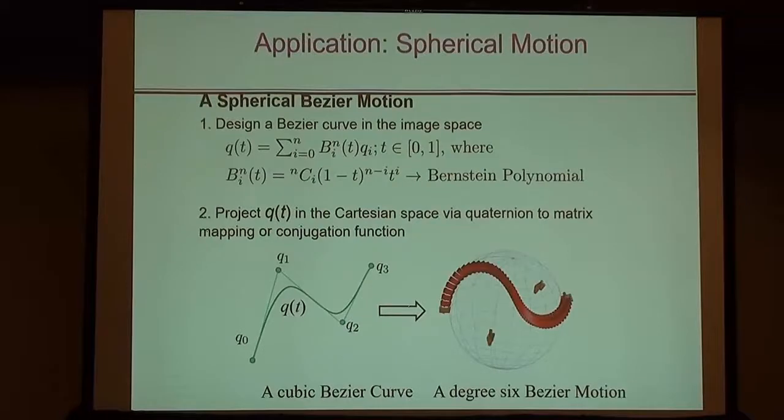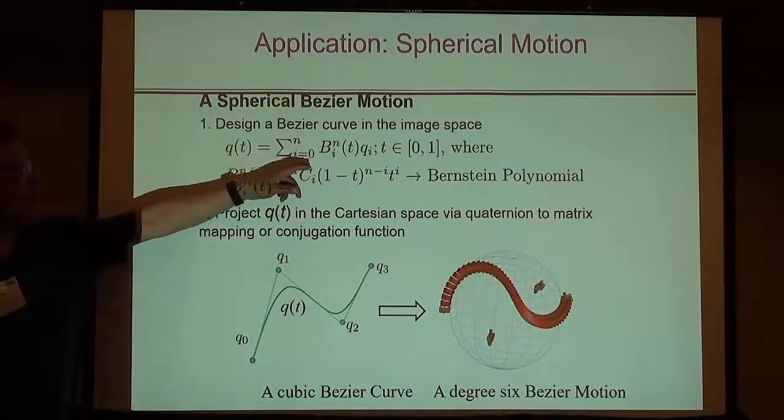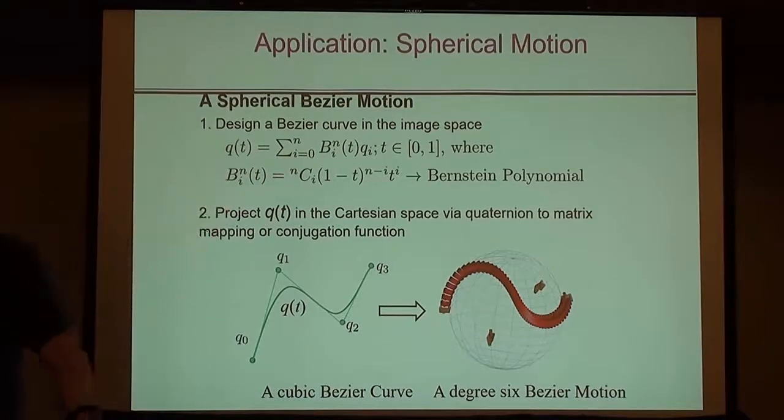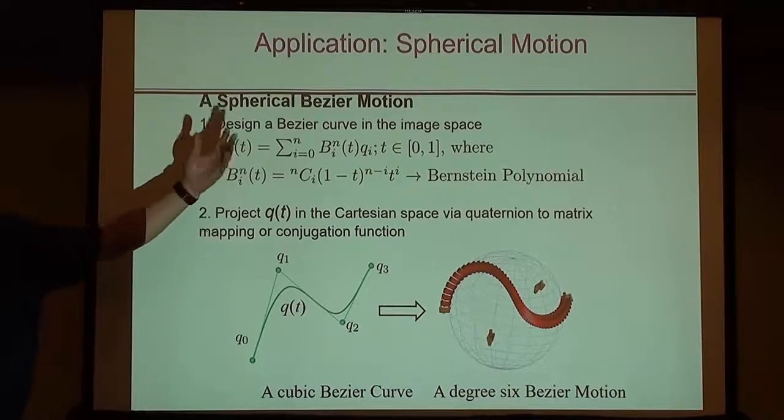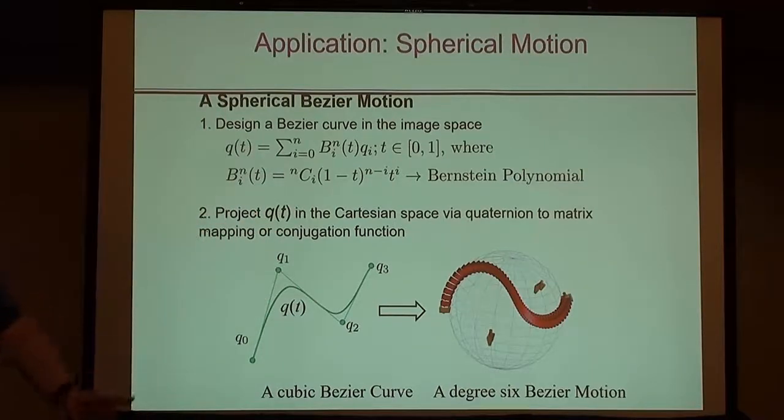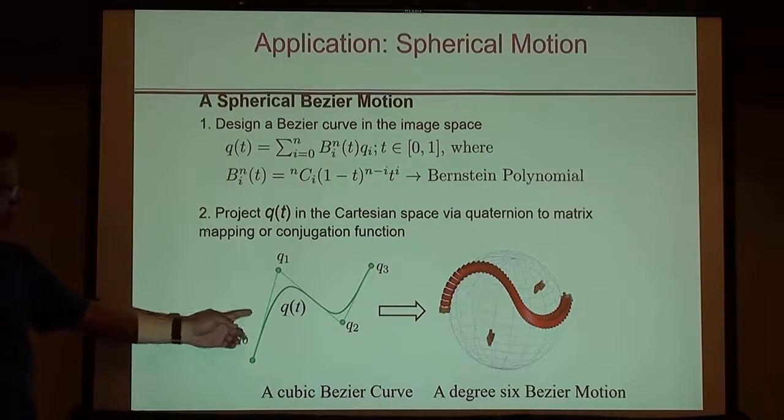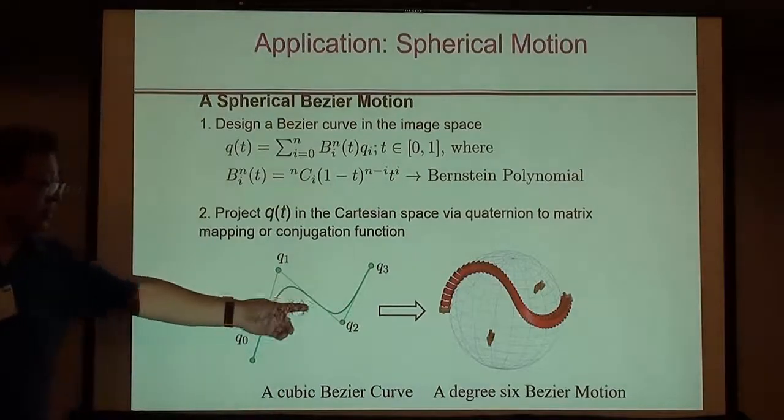Okay. So here's the Bezier curve that I've talked about. We can construct a Bezier quaternion curve just like any Bezier curve. A typical Bezier curve is in 3D space. Now it's in 4D space. That's it. Just one more component. Then you could construct a quaternion curve.